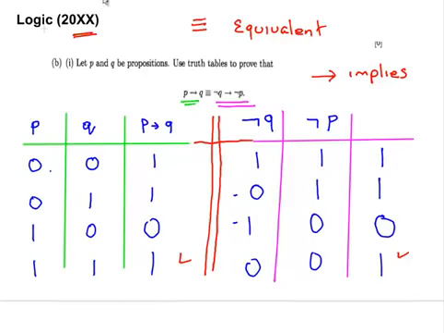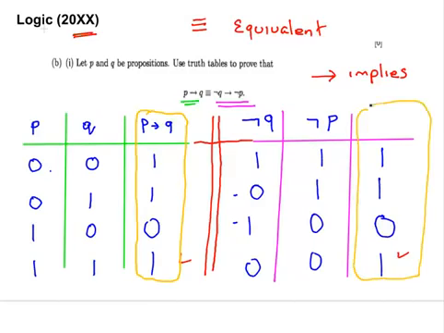Anyway, the last part is to state explicitly that this column here is directly the same, is it the exact same as this here?